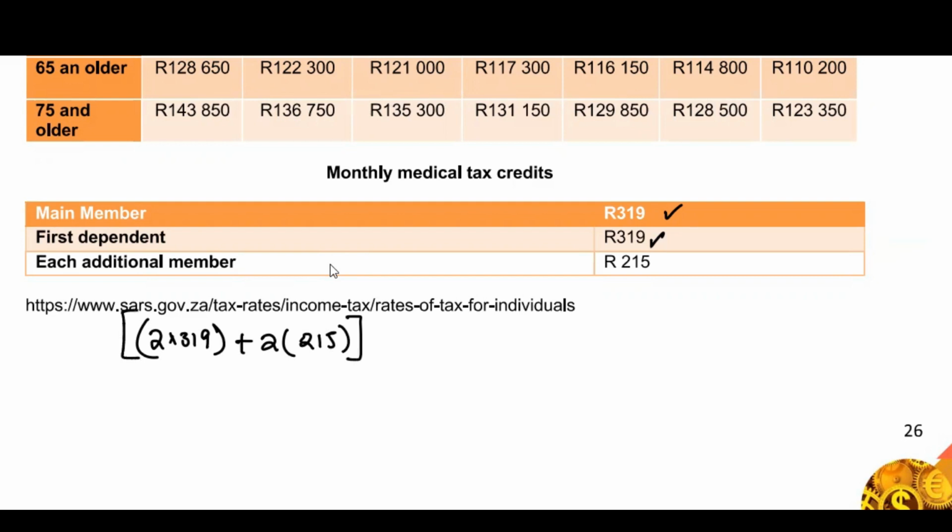Everything has to be multiplied by 12 because it's annual. Which is 12,816.